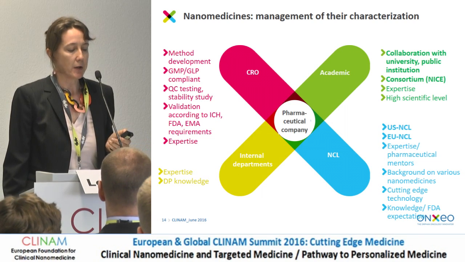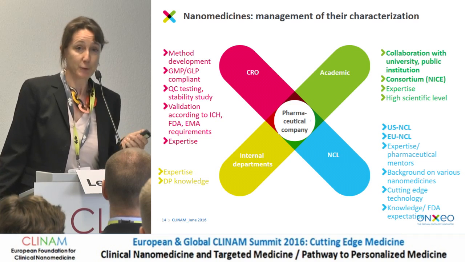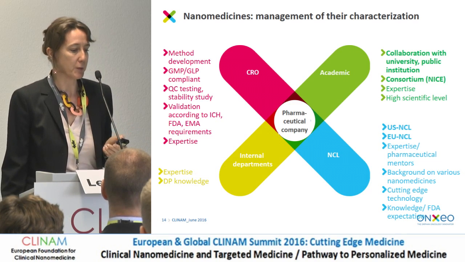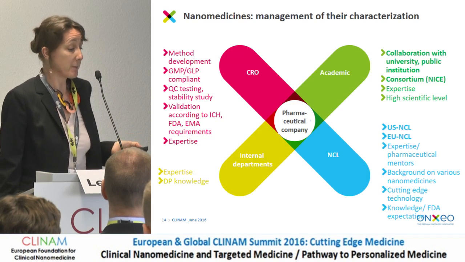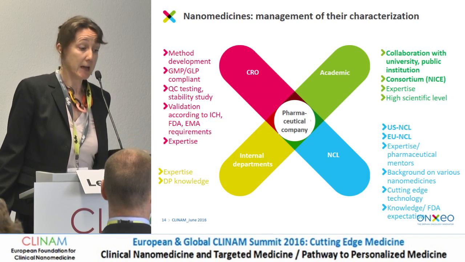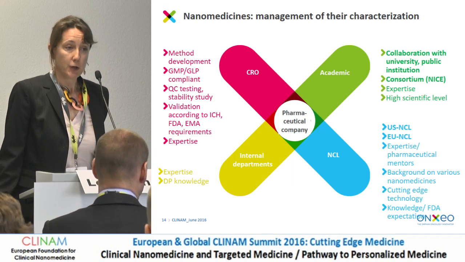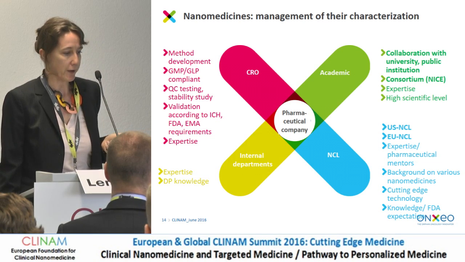And to do this work, you have different options, and the most important is maybe to combine all these options. So if you are big pharma or small pharma, you could start with an internal department, and if you have expertise and knowledge of your product, you could develop a kind of know-how on your product.